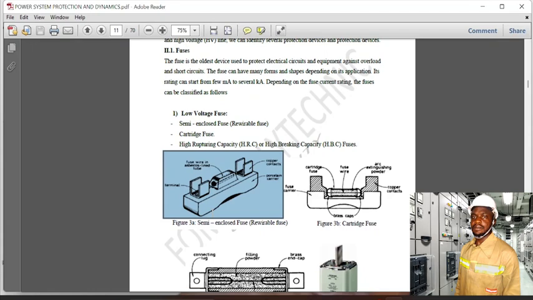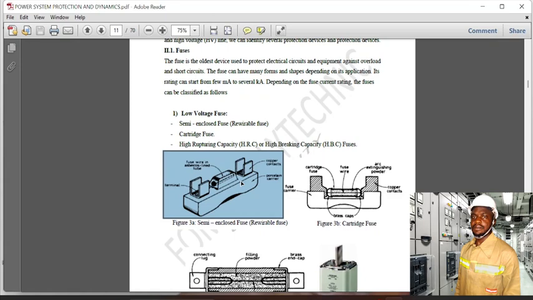We have the heating effect, magnetic effect, chemical effect, but applicable to this rewirable fuse is much more of the heating effect, because when there is an overcurrent, the heating effect increases, and so it melts the fuse element, right?